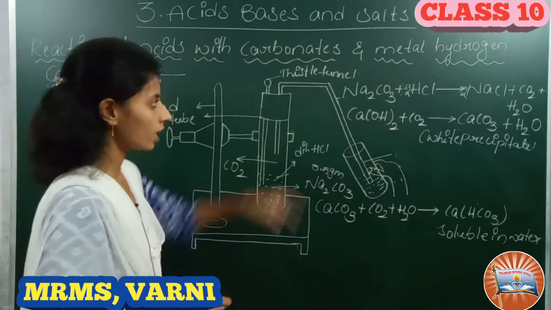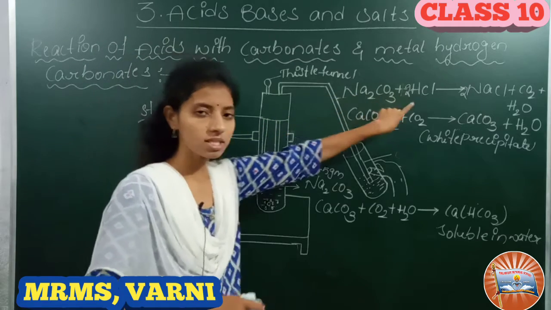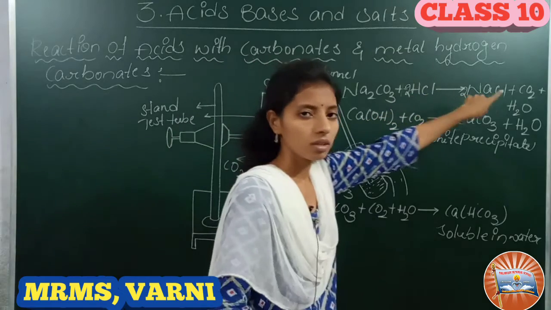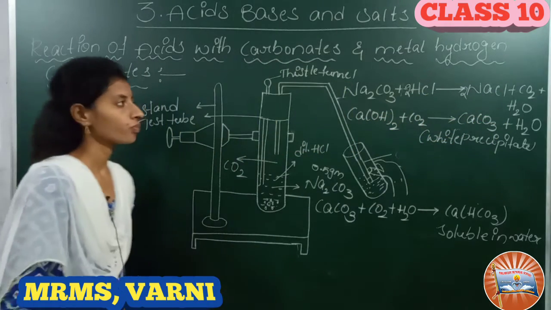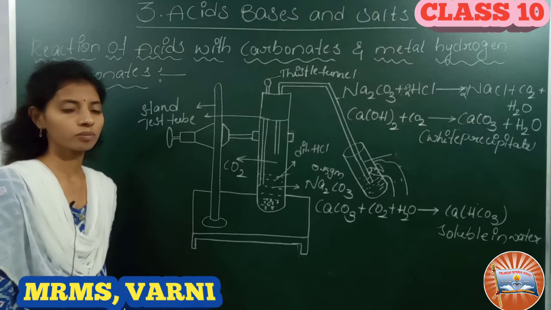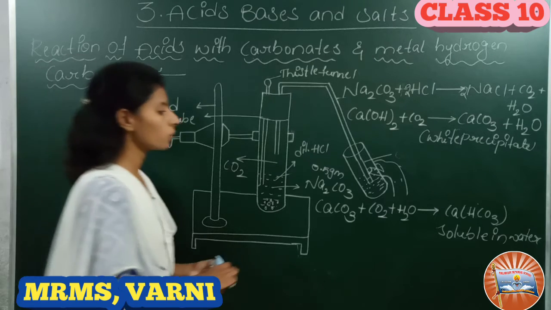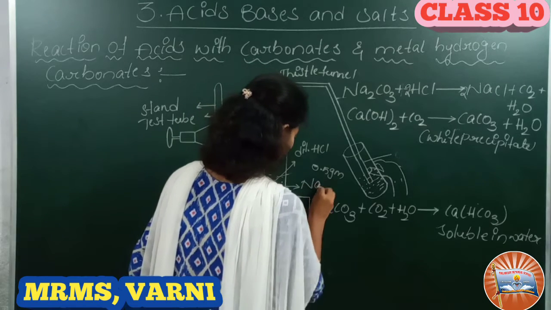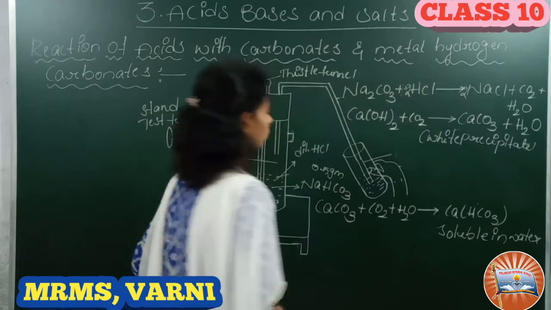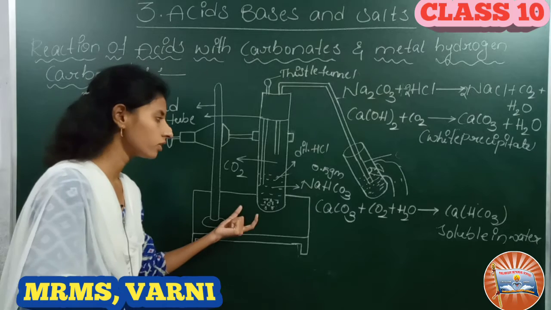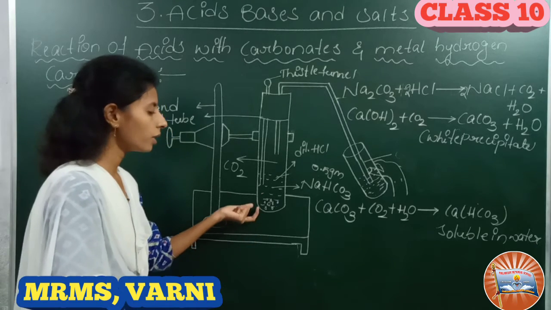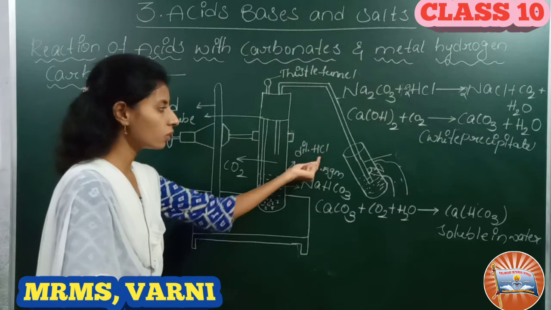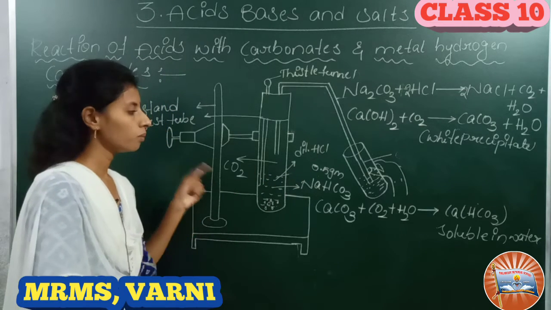So remember that here we have taken a metal carbonate, and this metal carbonate is reacting with acid. So it will give here salt, carbon dioxide and water. So we are taking here sodium carbonate. So if we are taking here sodium bicarbonate instead of this sodium carbonate, okay, so we have to take in the next experiment sodium bicarbonate in the test tube, and we have to add dilute HCl to this sodium bicarbonate, right?